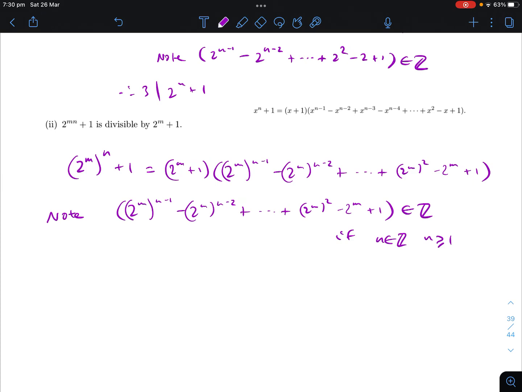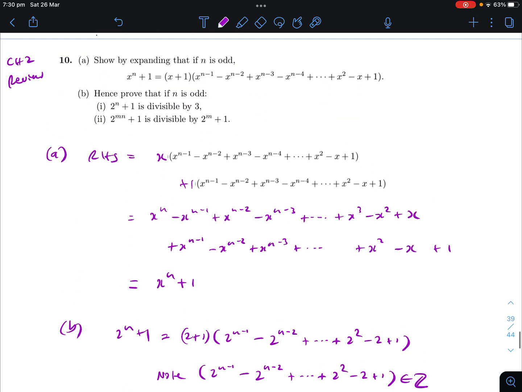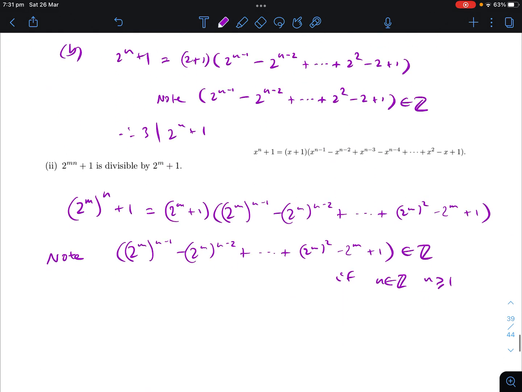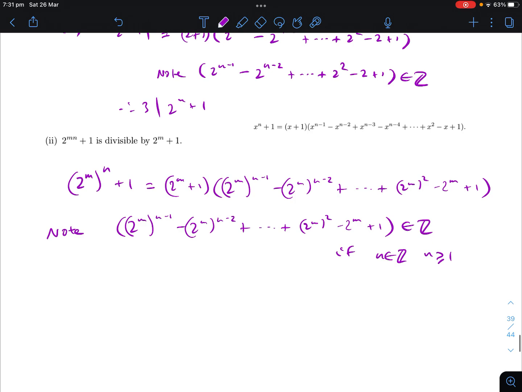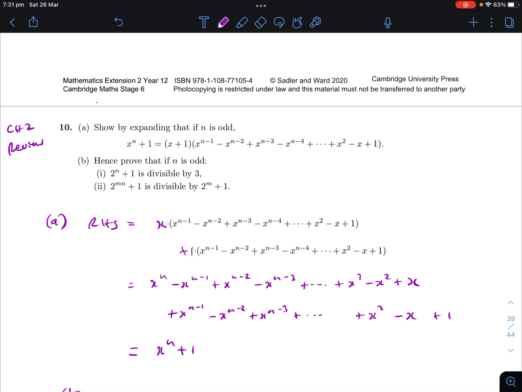But n is larger than or equal to 1, so it's got to be a positive integer. Now, earlier we said n is odd. I think they mean odd positive. It can't be negative. This doesn't work with n negative.